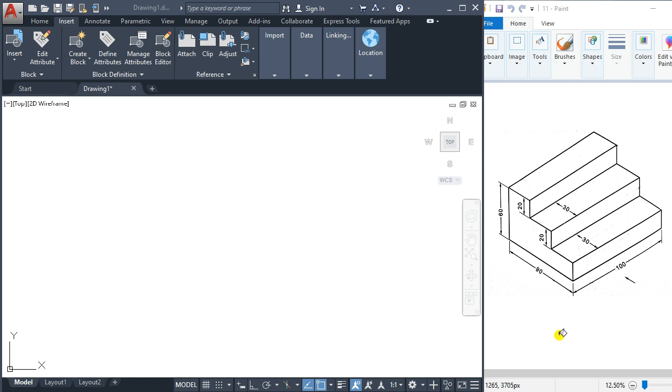The object is placed with respect to the reference planes such that, if you observe this object, this arrow indicates the front view direction, and all these surfaces are kept parallel to the vertical plane. These 30 by 100 surfaces are kept parallel to the HP, and this 90 by 60 surface is kept parallel to the profile plane.